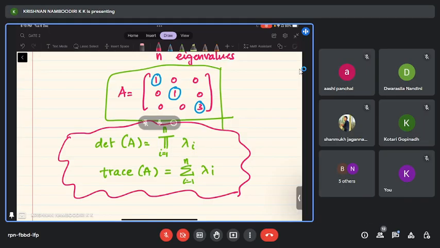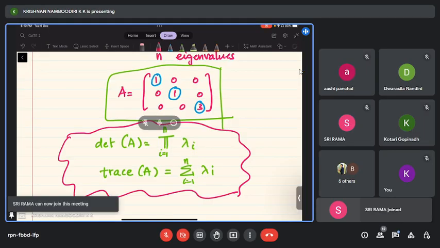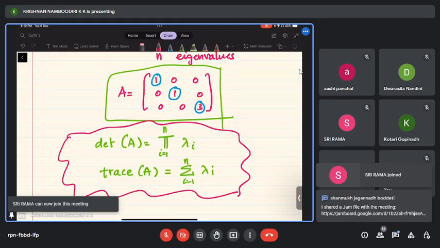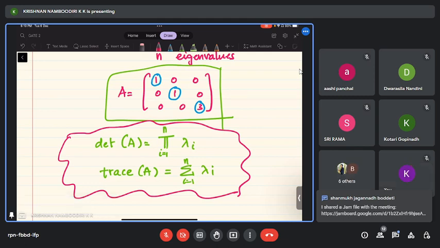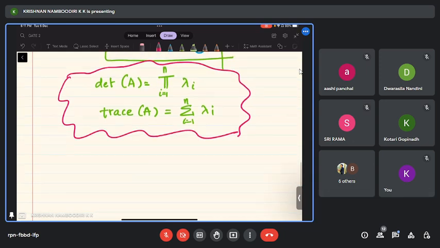But in fact, these two properties hold for any square matrix. Is it clear? For any square matrix A of size n cross n, the determinant of that matrix is nothing but the product of the eigenvalues. There will be n eigenvalues, and the trace of the matrix is nothing but the sum of the eigenvalues.